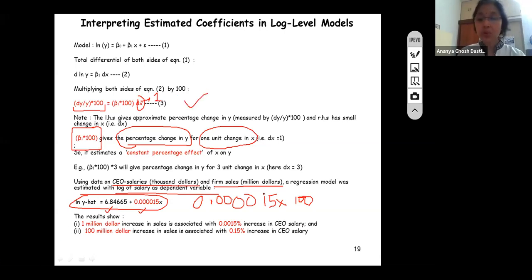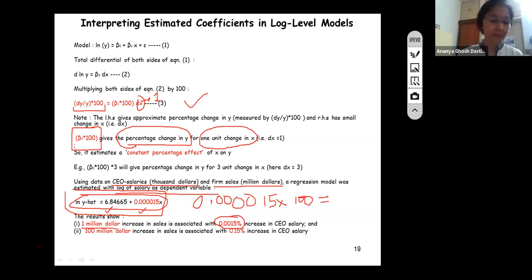Whatever I get, this particular term, is the percentage increase in CEO salaries for a 1 unit increase in sales. So if you look at this result, it is telling you that if sales increase by $1 million, the unit in which they have been measured, then CEO salary is associated with an increase of 0.0015%.